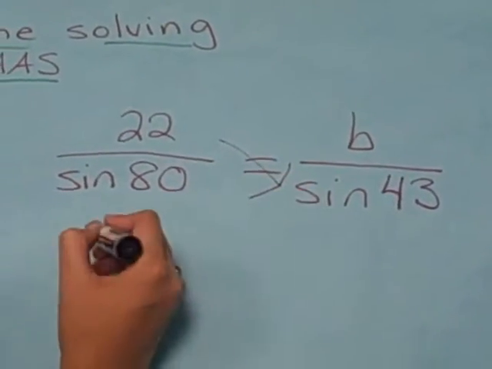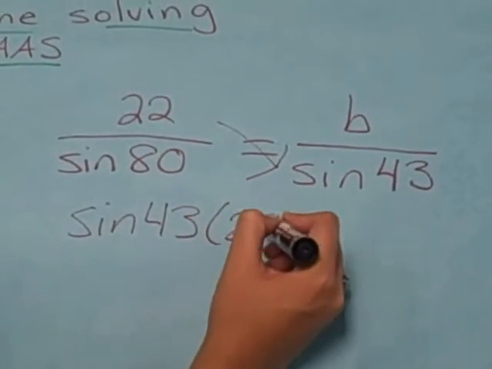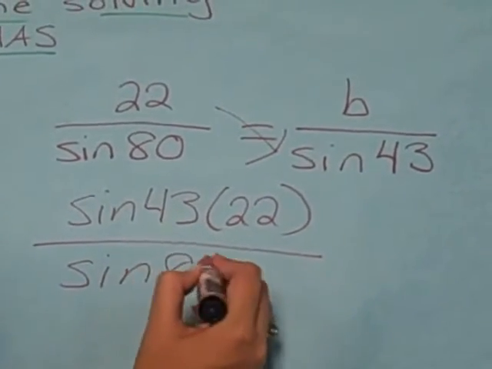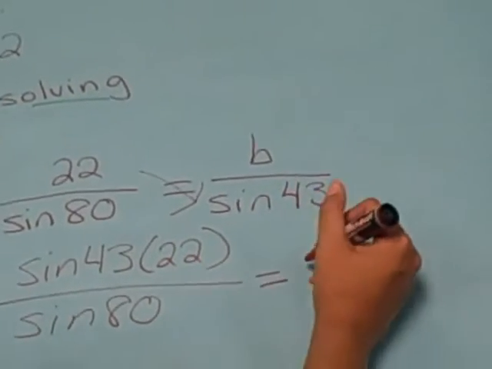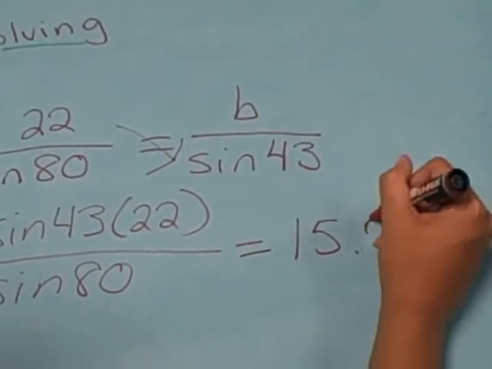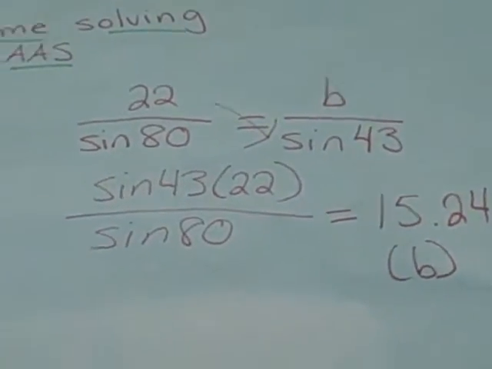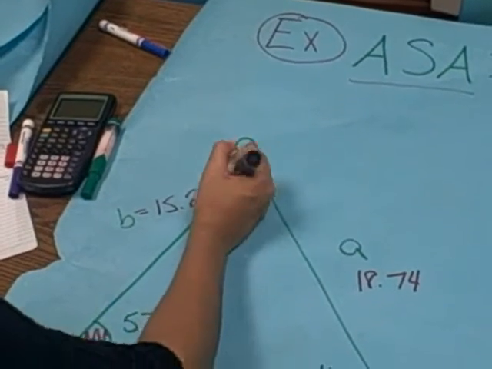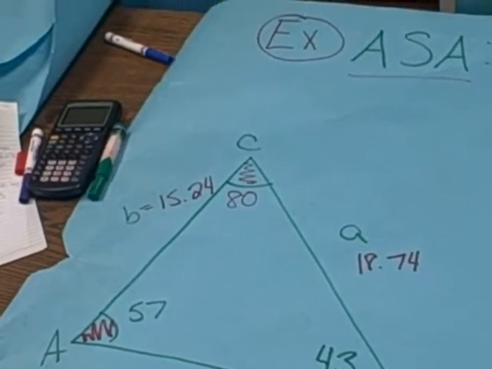You cross multiply over sine 80, and we see that little b equals 15.24. And now we have found all sides and angles for the angle side angle problem.